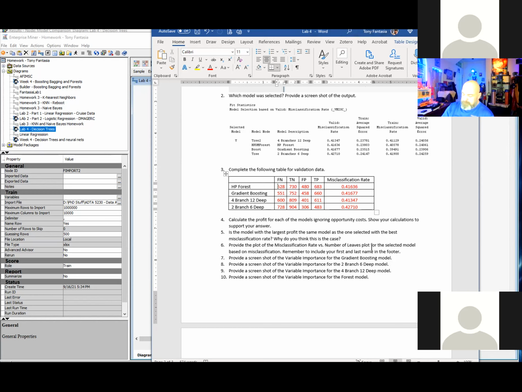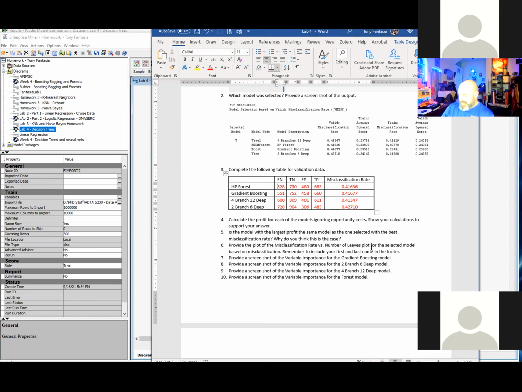The model we got out of the misclassification has the lowest false negatives and true negatives. But if we're looking at revenue, the model is looking at the true positive when they actually did it right, and how much money that gets us from a donor, that made the forest higher. At least that was my rationale behind it. I don't know, again, if it's right, but it seemed to make sense.